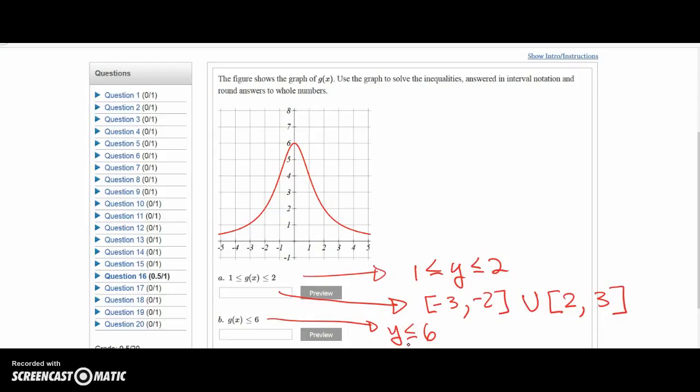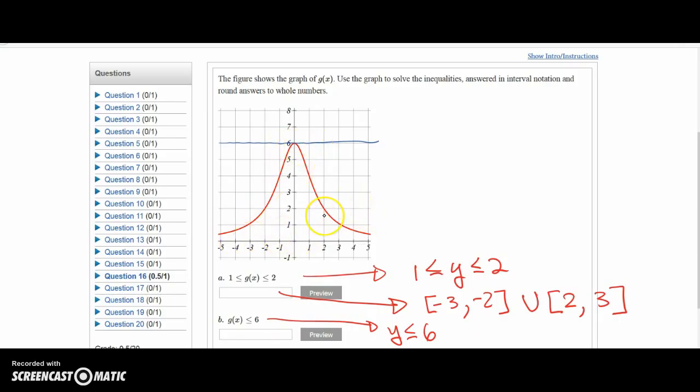So let's go find the y value of 6 and draw a horizontal line through it, and I have to find the x values that correspond to all the y values being less than 6.